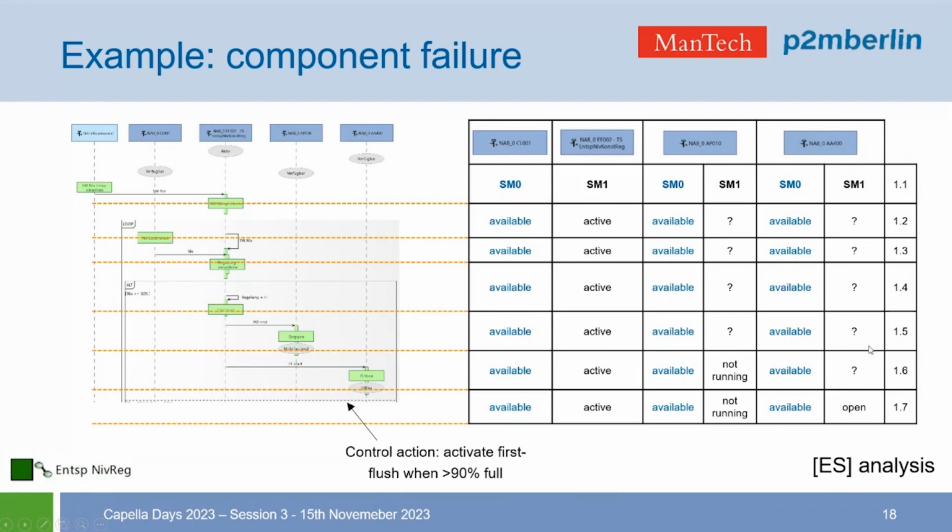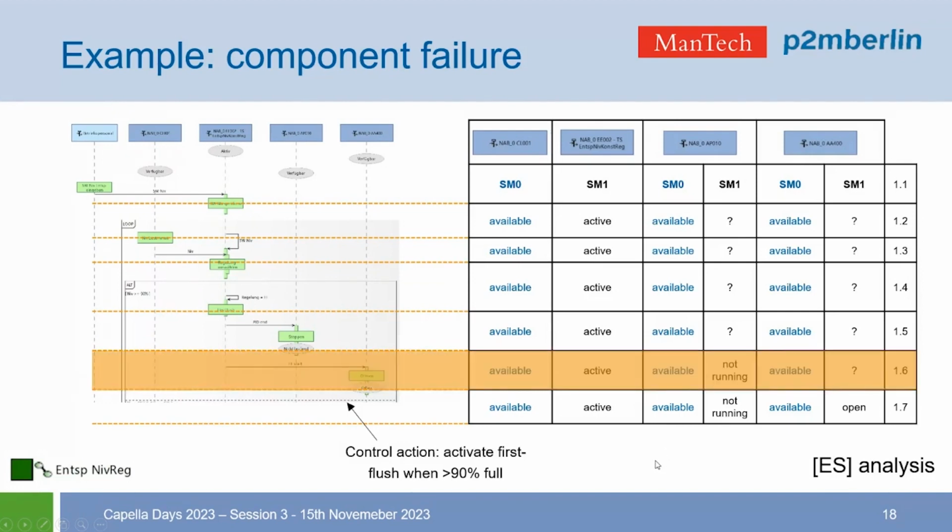Whenever you see a question mark, this means that the exchange scenario does not tell us which state the component is in up to a certain point. For example, here we have a state fragment that means not running, and it means at this point the pump will stop running, whether it was running or not before.